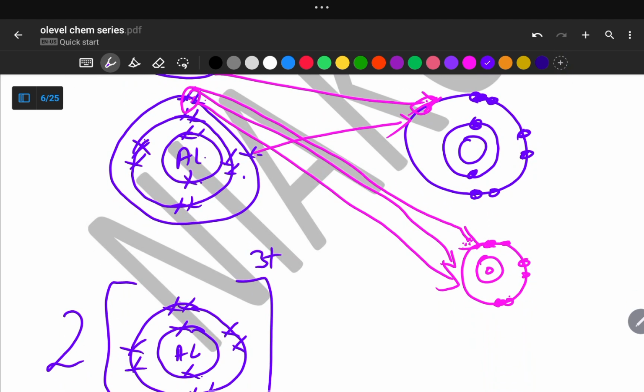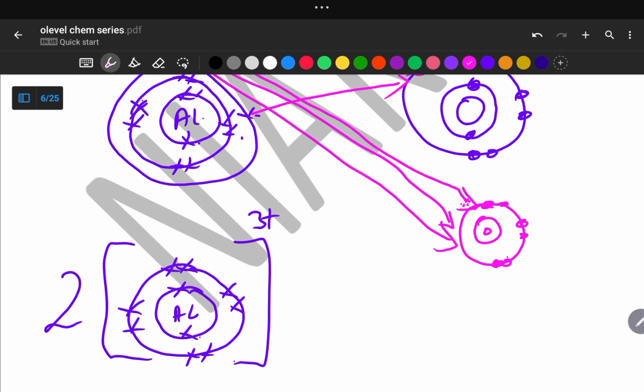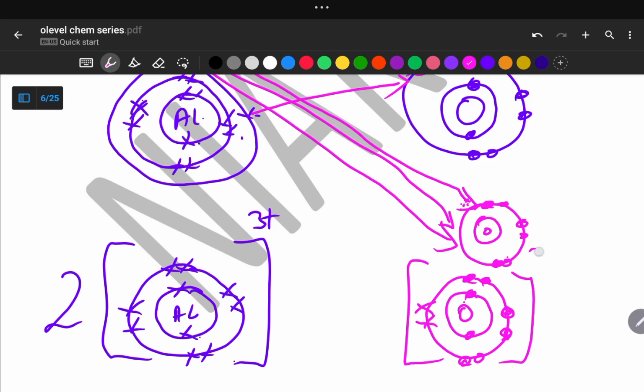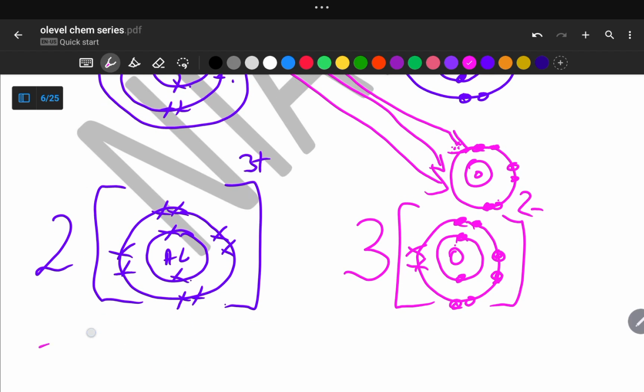And then the oxide ion, we're going to do the same. So it's O, right? Then we include 2 minus, the number of electrons each oxygen atom gains, and then the number of oxygen atoms we used, 3, and then we are done.